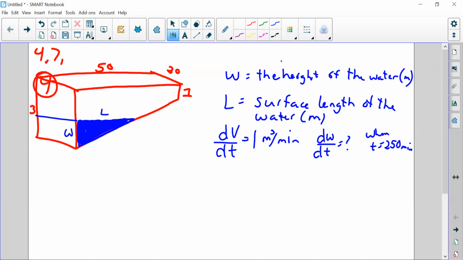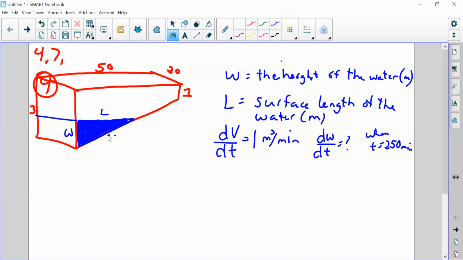So dV/dt represents the change in volume. The change in volume, because we're pouring it in at that rate, is the rate at which the volume is changing. Does volume represent the height? No, not necessarily. So what's dW? That is the rate at which, because that length, that L, is short, it gets longer and longer and longer.